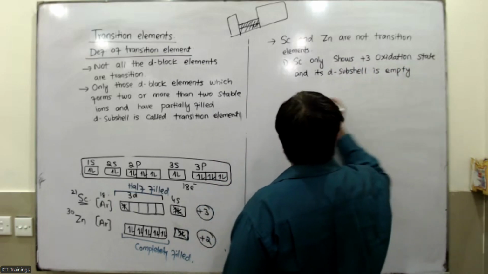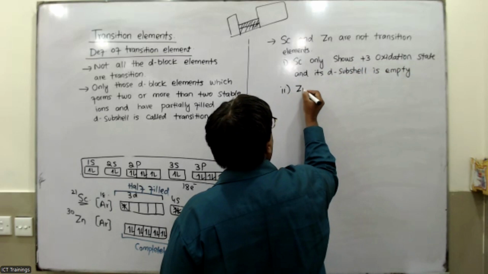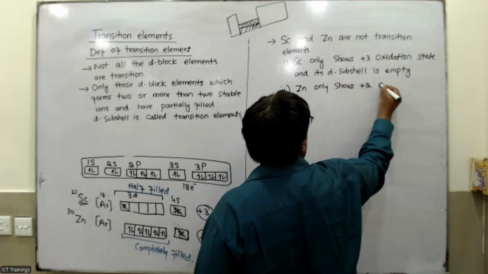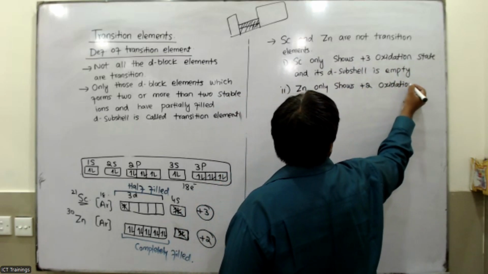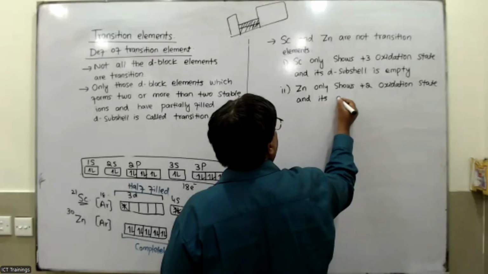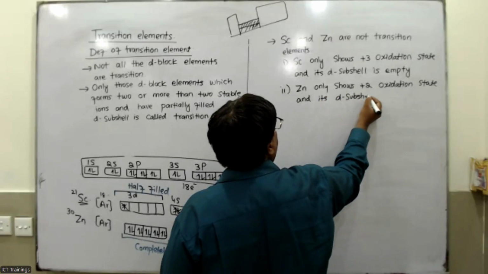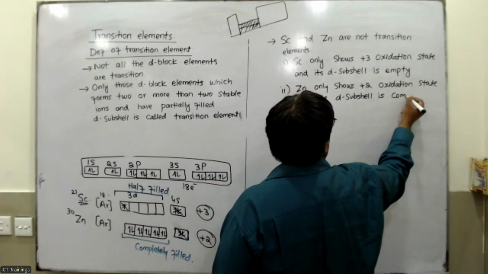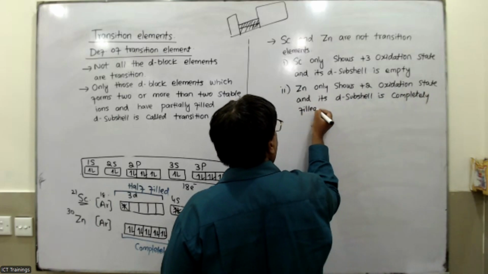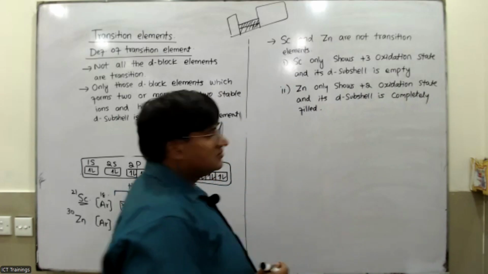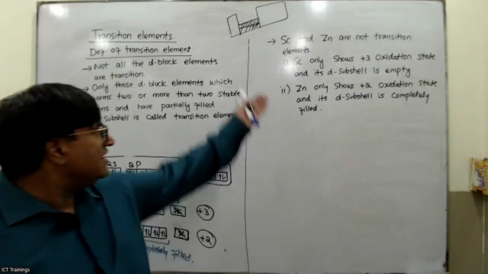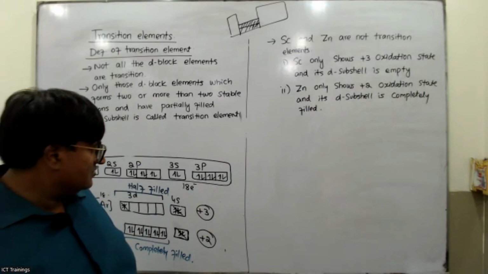Okay. Zinc only shows the +2 oxidation state and its d subshell is completely filled. That's it. Okay. So scandium and zinc are not transition. Okay.